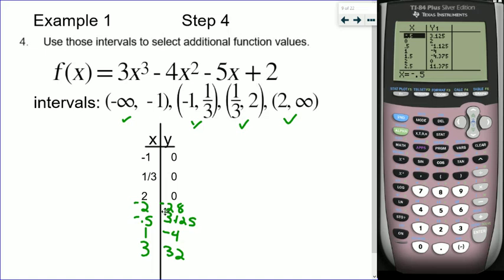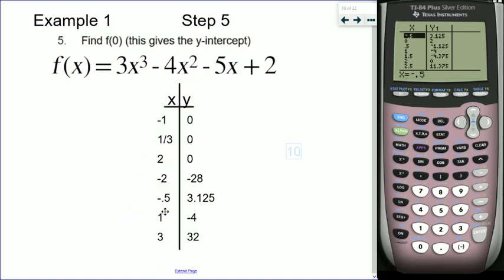All right, so let's take a look at step 5. There's our table again. But if we don't have f of 0, we want to find it. We want to fill this in and put f of 0 there because we didn't happen to pick it in our list. So when we plug in 0, 3 times 0 is 0, 4 times 0 is 0, -5 times 0 is 0. So all three of those first few terms are 0, plus 2 is going to be 2.